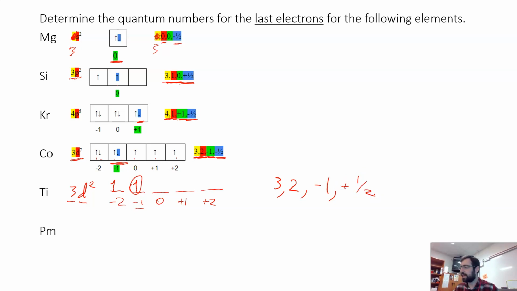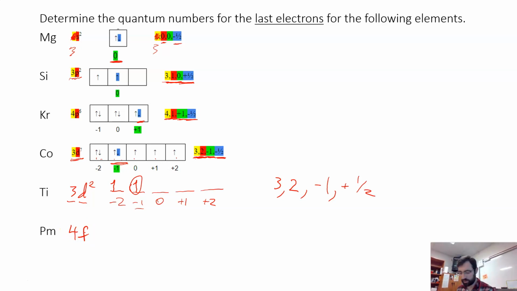All right, PM is in the F block, and it's in that 6th row. So it's the first row of the F block, which is the 6th row. But remember, with F, we go down 2. Instead of being 6F, we say 4F. So it's 4F.